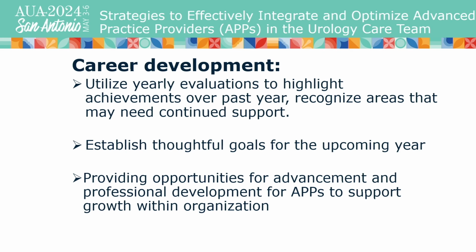It really allows our APPs to think about what they want to do in the next 6 months, the next year, and it varies based on their level of experience, whether they want to start doing procedures, or start a surveillance prostate cancer clinic. It really does vary, but it's a really good opportunity for us to just sit down and figure out where we want to go. And then within the institution ourselves, we always have opportunities for advancement and professional development, so we want to continue to support their growth.